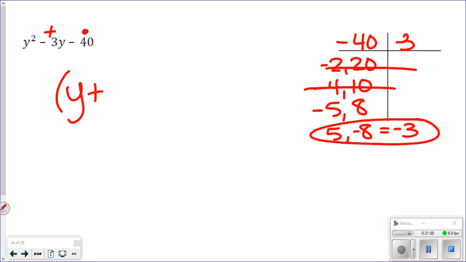So our two answers are a positive 5 and a negative 8, because that's going to give me the negative 3, which is the middle term.